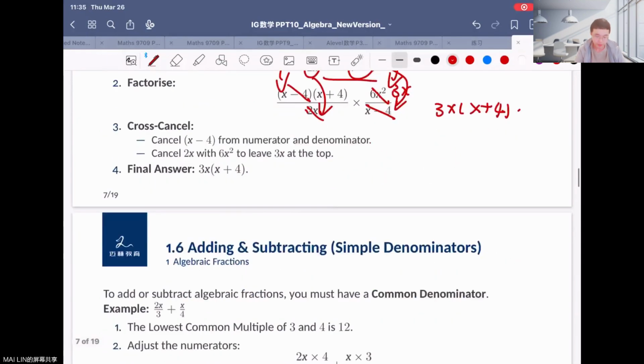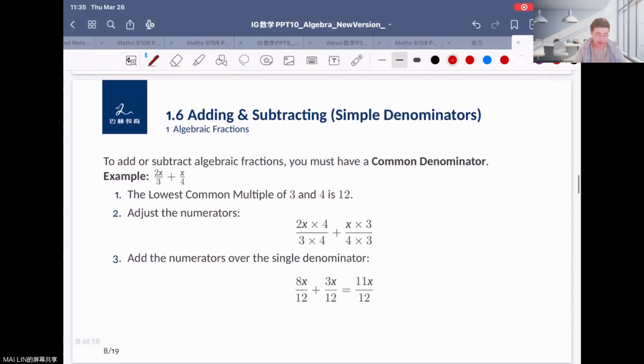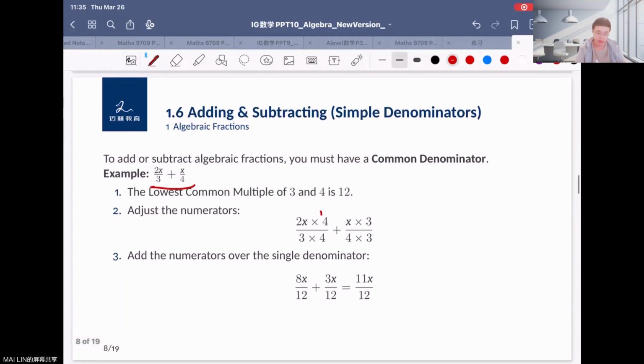Okay, and also for adding and subtracting, also some examples like here. For example, adding two fractions together, one is 2x over 3, another is x over 4. First, you can find the lowest common multiple for 3 and 4. You know that is 12, right? Because 3 times 4 is 12. And then you can write them as two new forms with the same denominator. So the 3 changes into 12, so you have to times 4 both the numerator and denominator.